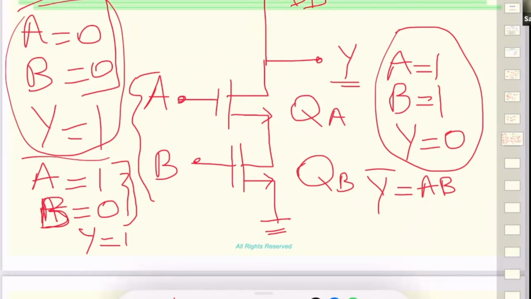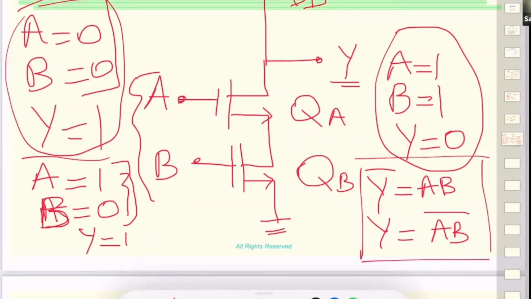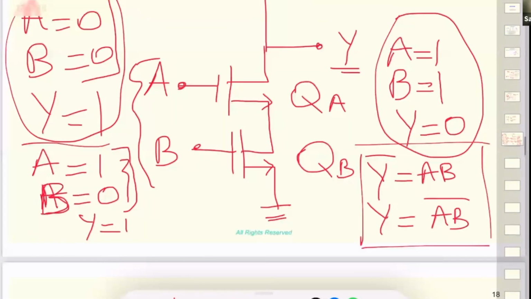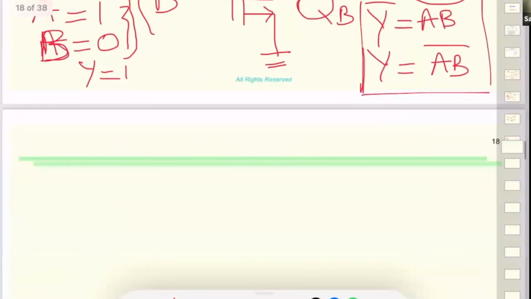So here again, we can write it in both of these equivalent ways, using the inverted form of the inputs. All right, questions?